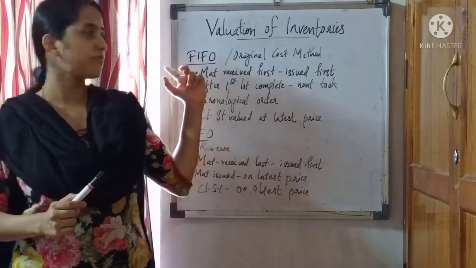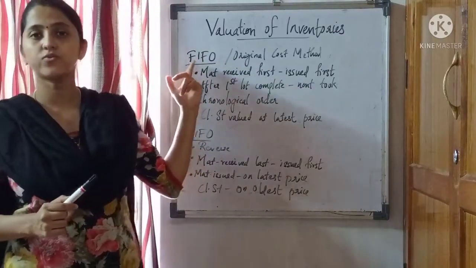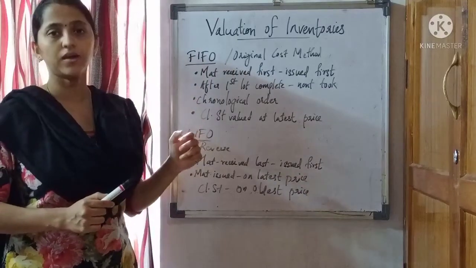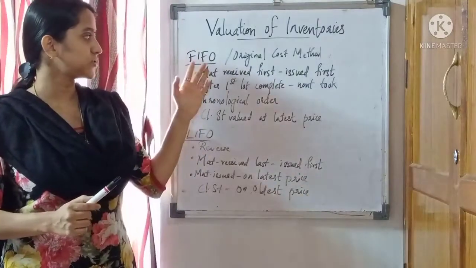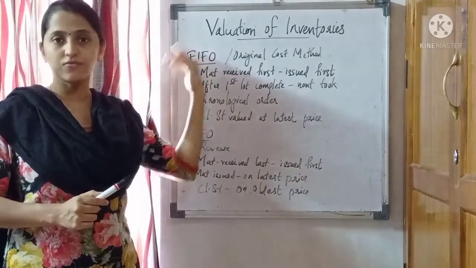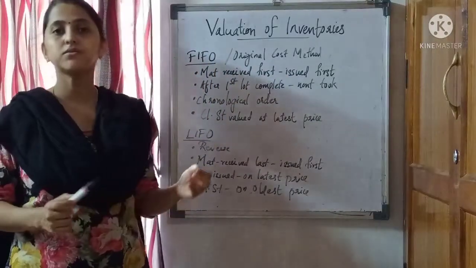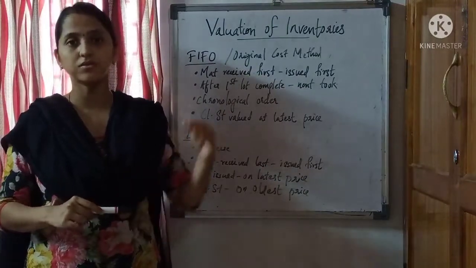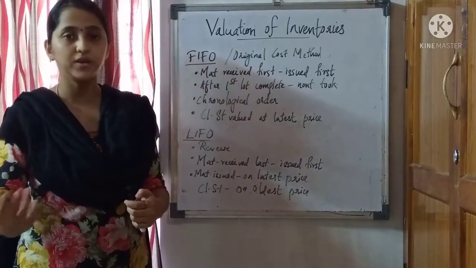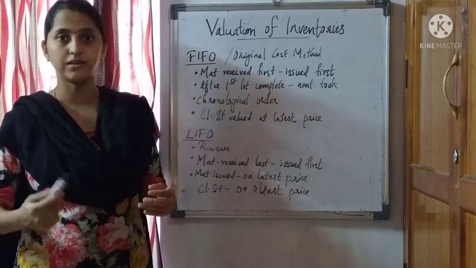So the first one is the FIFO method. FIFO stands for first in first out method. As the name suggests, that means we receive inventories in an order, and similarly we will be having issues or sales.